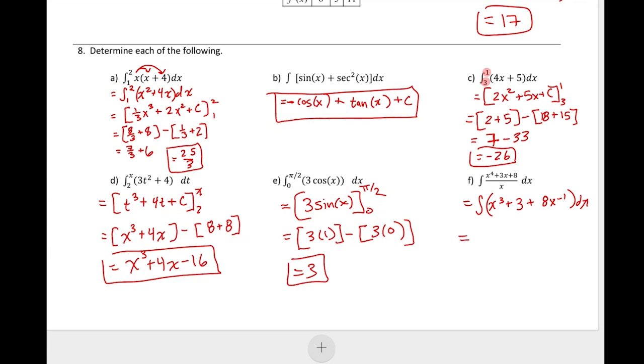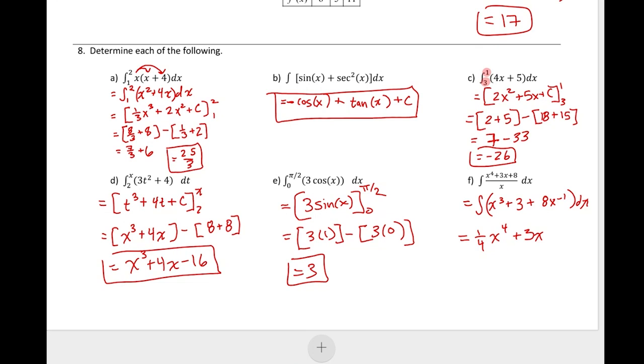So we raise the exponent by 1, x to the 4th, times 1/4, plus 3x. And it's this last one that you really got to be careful about, 8 times x to the negative 1. Now, the derivative of the natural log of x is 1 over x, or x to the negative 1. But because of the domain restriction that we talked about previously, you can't substitute any negative numbers into natural log.